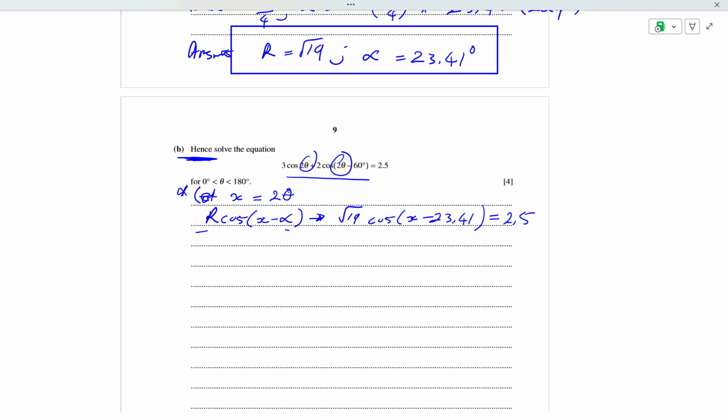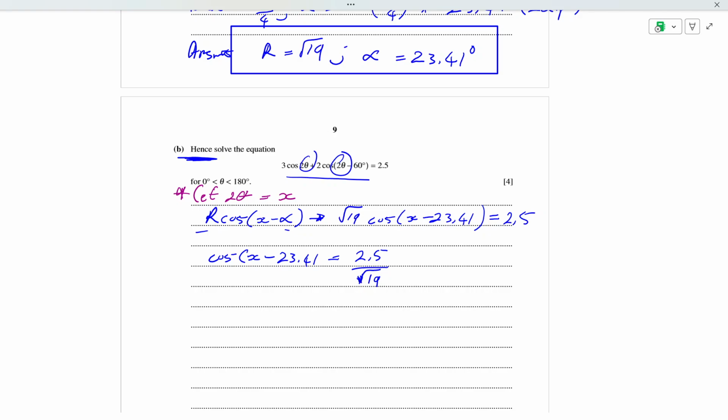I'll find the value for x and then use the substitution which says let 2 theta be equal to x, after I've found the value. So I will now have cos x minus 23.41, and dividing by root 19, I have 2.5 over root 19.